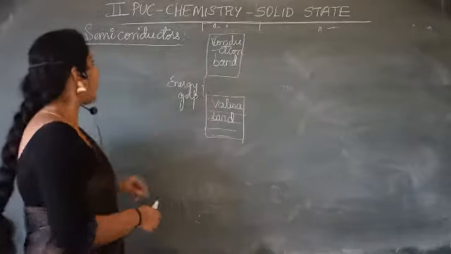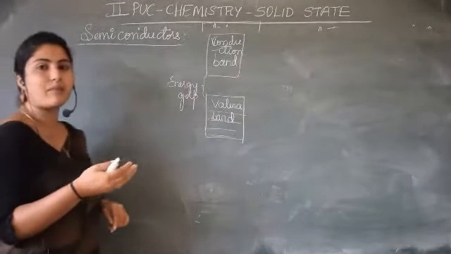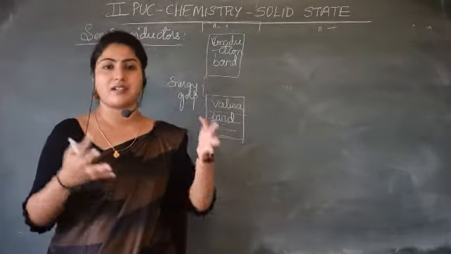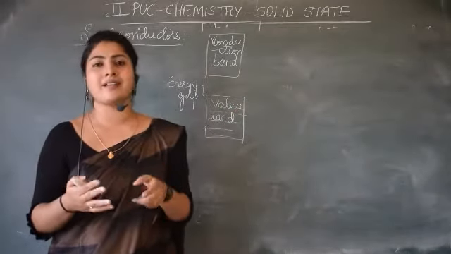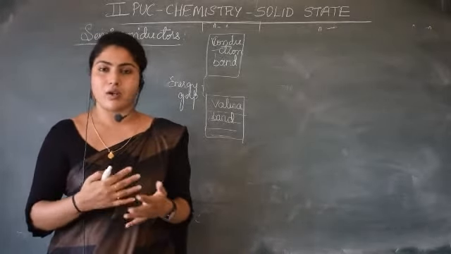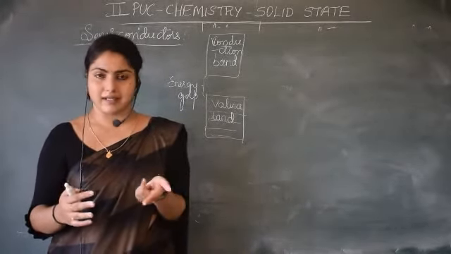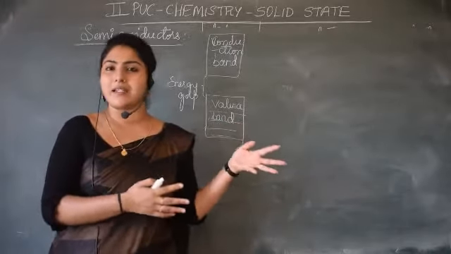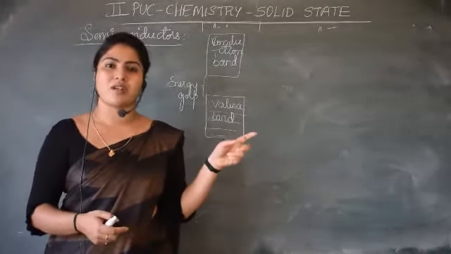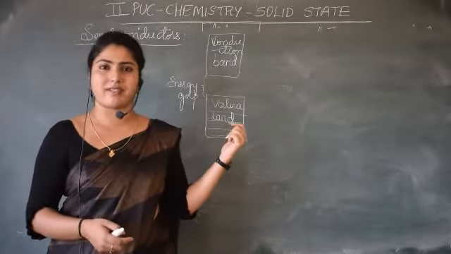Now you know the examples for conductors and insulators, isn't it? Conductor examples can be any metals like iron, copper. For insulators, some other compounds which do not conduct electricity, for example plastics.